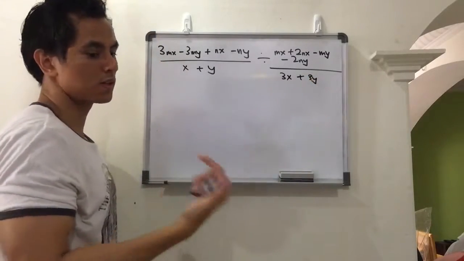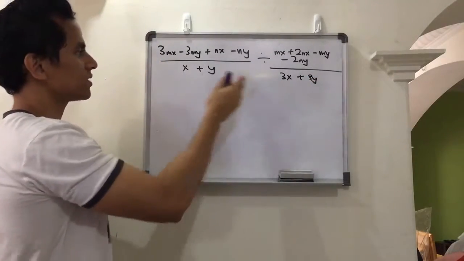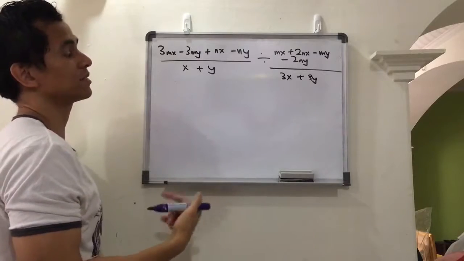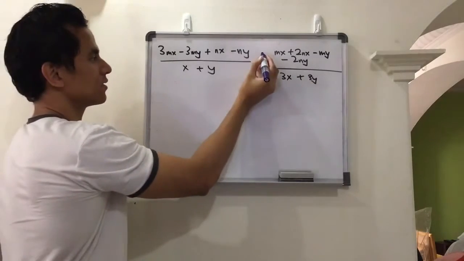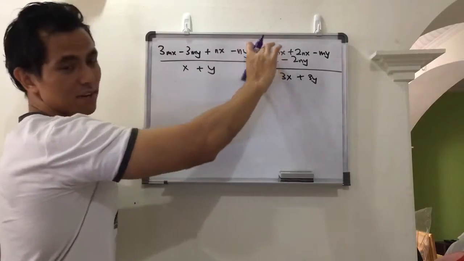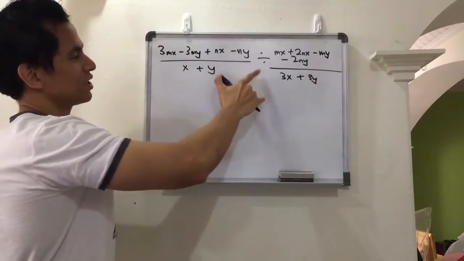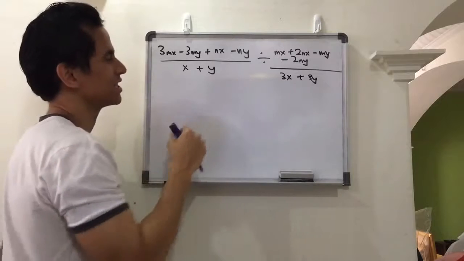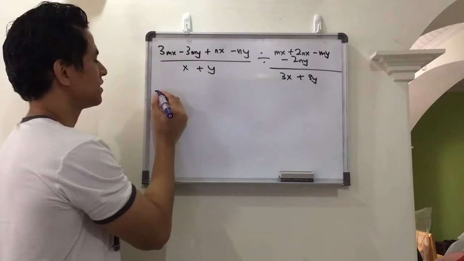Alright, so faced with this question, again the first step will still be the same. It looks really complicated, but okay, ignore that, just focus on this divide. We hate division, okay? So let's make it multiplication. Okay, so let's see what happens.